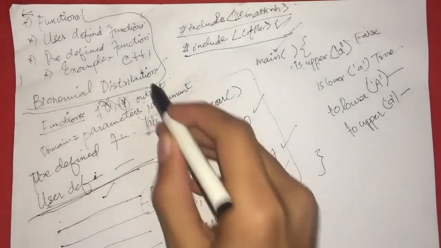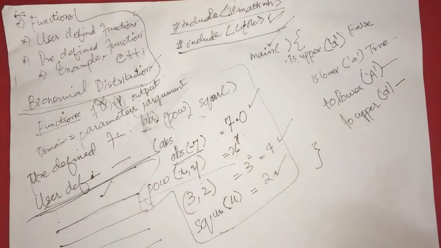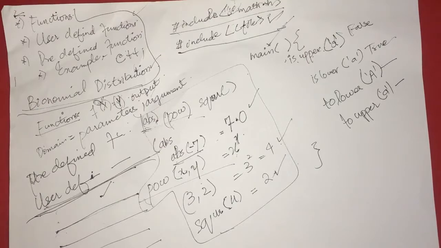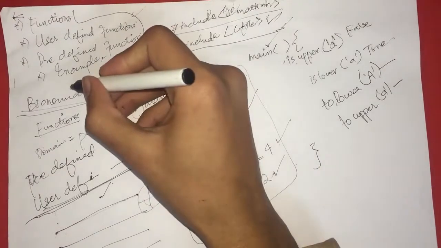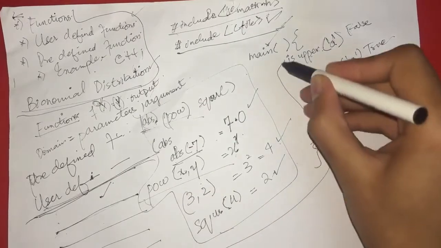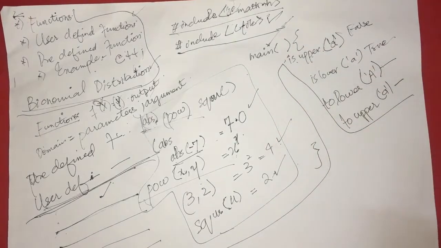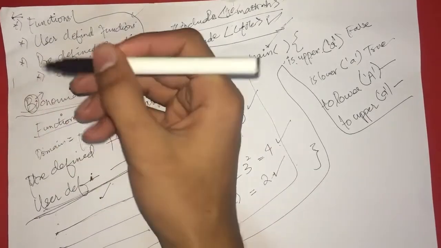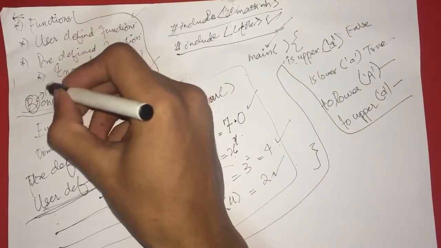Also, we had the binomial theorem. So what is binomial? Binomial distribution we studied today. Bi means two.